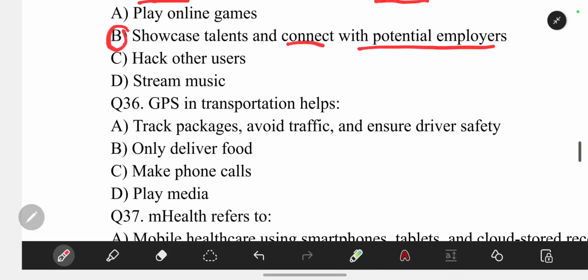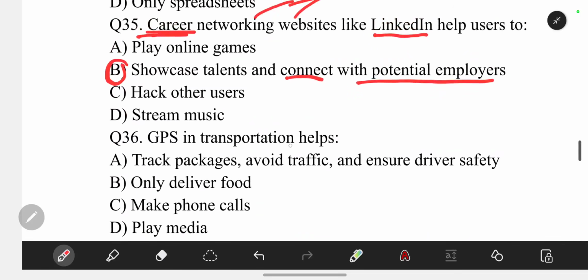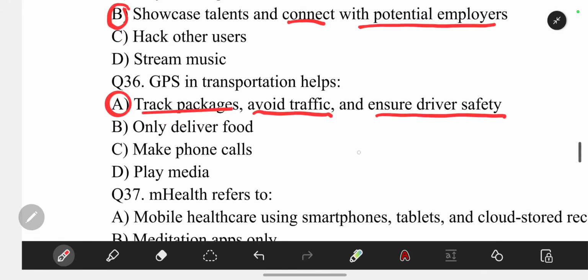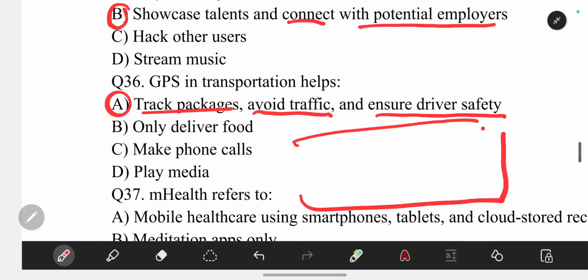Number 36, GPS in transportation helps. So GPS is a tracking tool that is used to track packages, to avoid traffic and ensure driver safety. So with GPS, you are going to know exactly where someone is for safety, to avoid traffic and ensure that the packages are delivered.